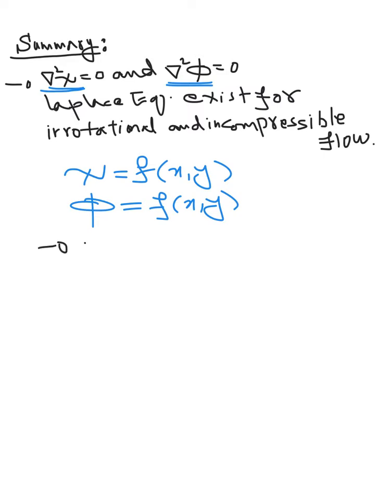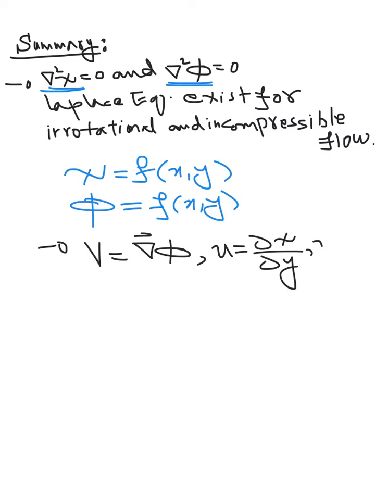I will obtain my velocity field by taking the derivative of this potential function or this psi function accordingly. We have learned all these.